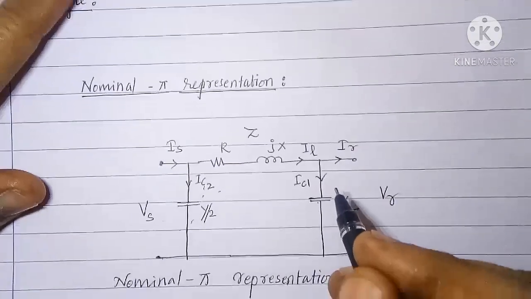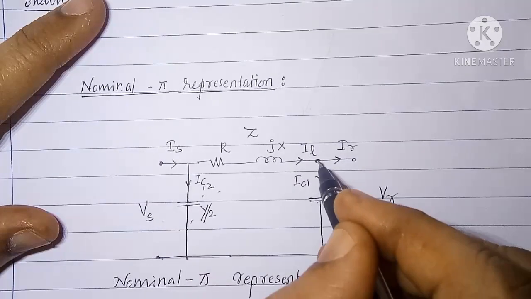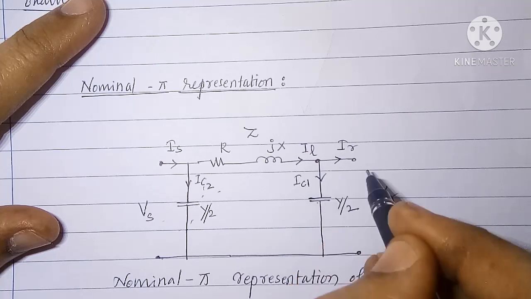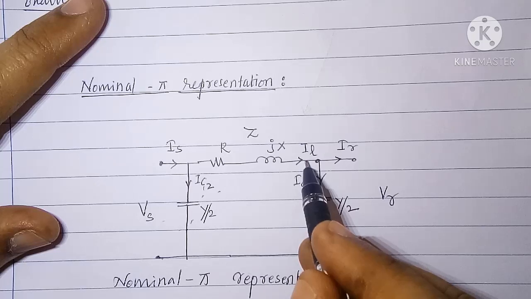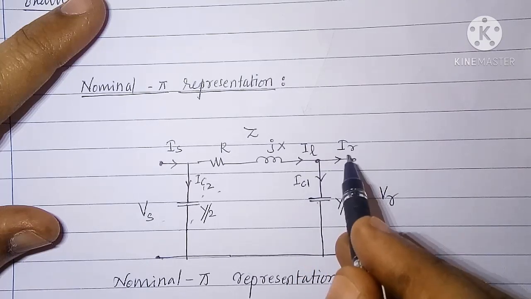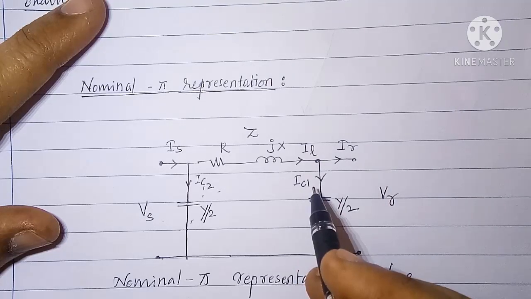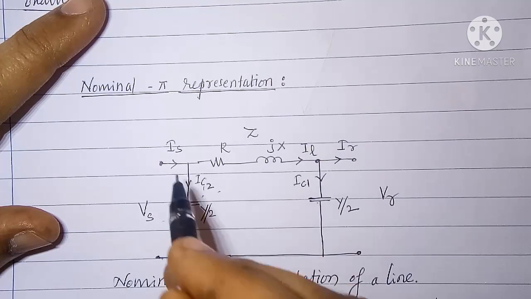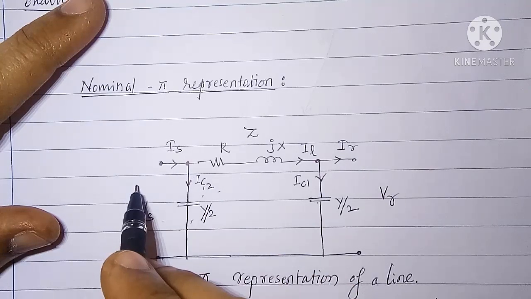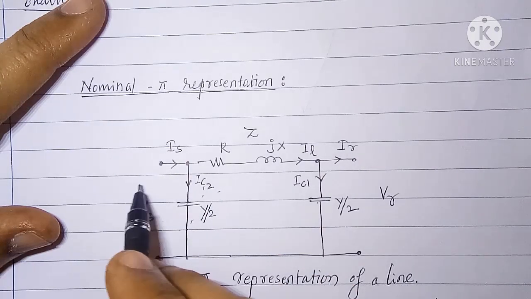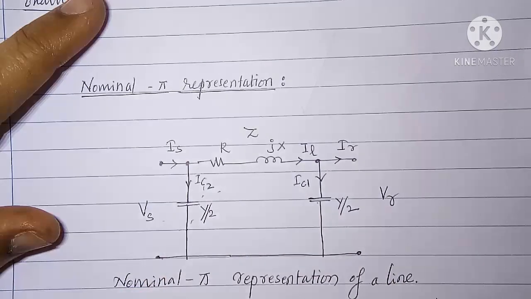In this figure, applying KCL at the junction near receiving end, we can say IL is equal to IR plus IC1. And applying KCL at the junction near sending end, we can say IL plus IC2 is equal to IS.